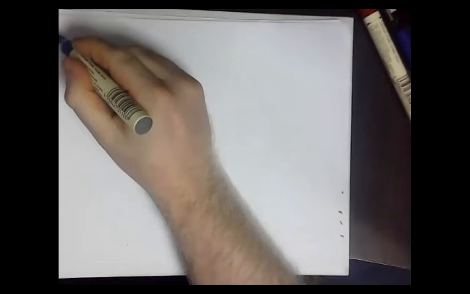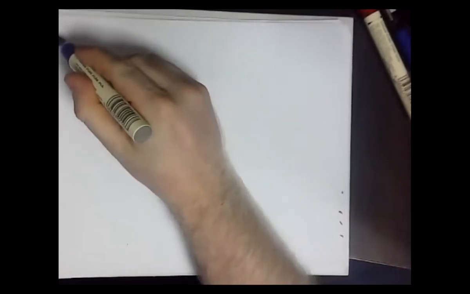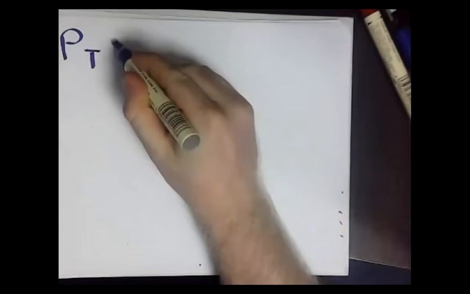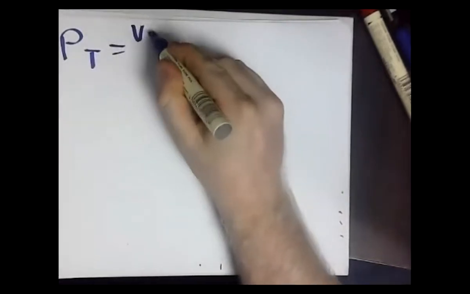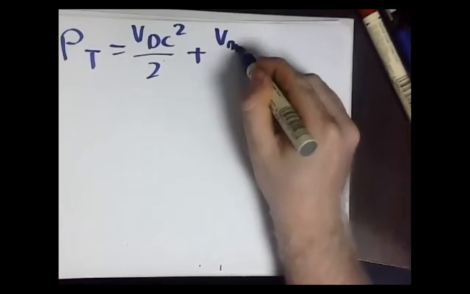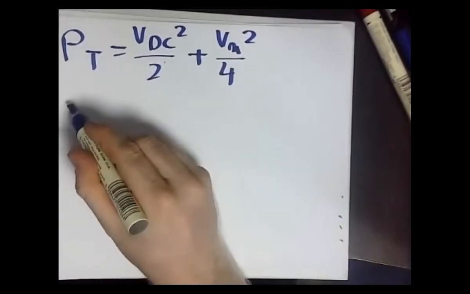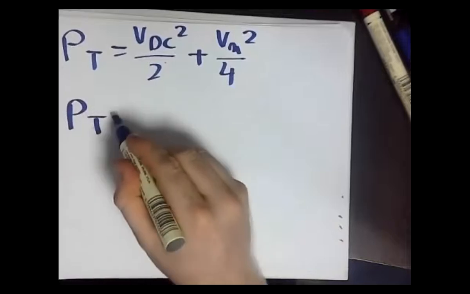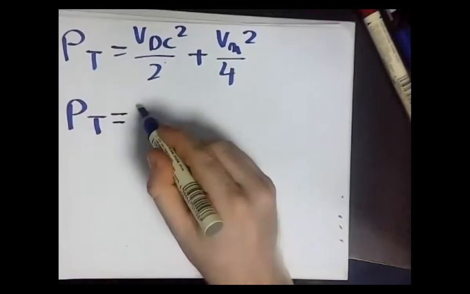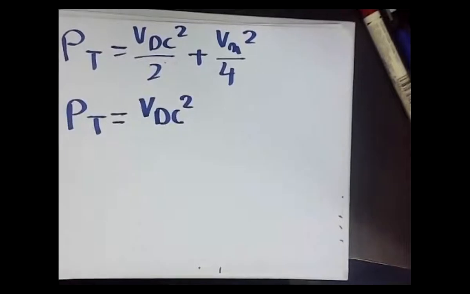So now, what you can do is as follows. The total power is equal to, I will just repeat the equation, VDC squared over 2 plus VM squared over 4. Okay, what if I take VDC squared over 2 as a common factor?